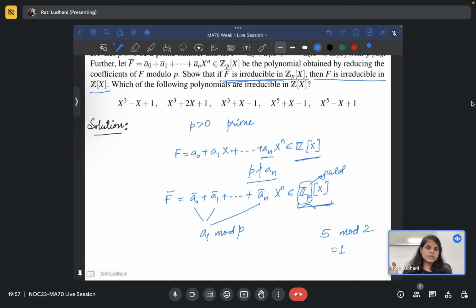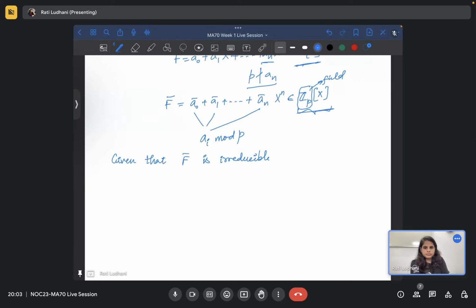So let's prove this first, and then we can use this property to check whether these 5 polynomials are irreducible or not. So given that f bar is irreducible in Z_p[x], so there is some fixed p for which this is happening, and p does not divide a_n.